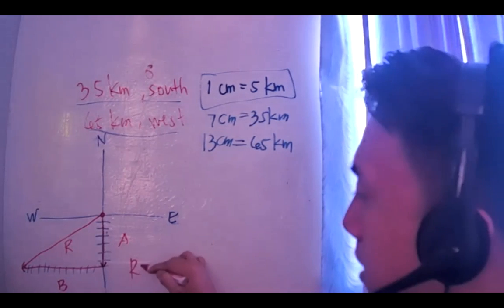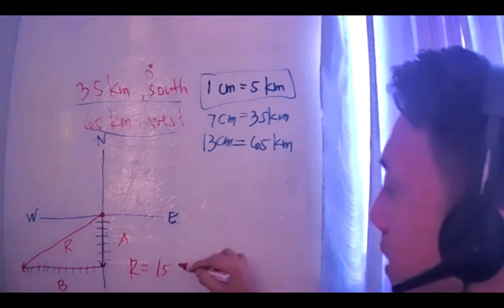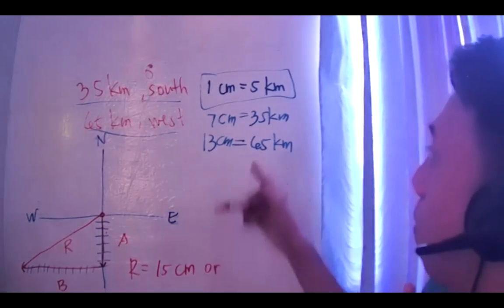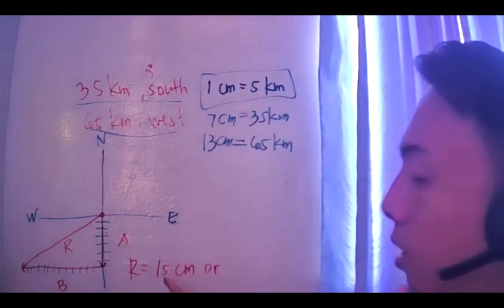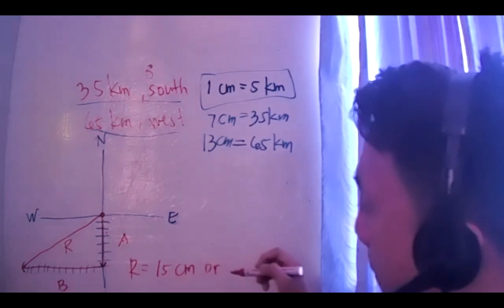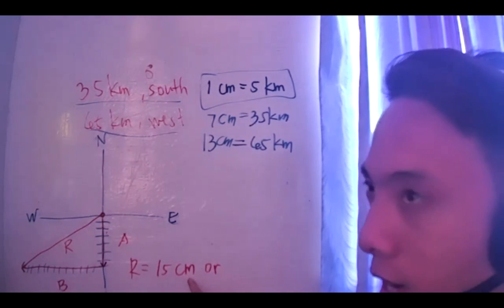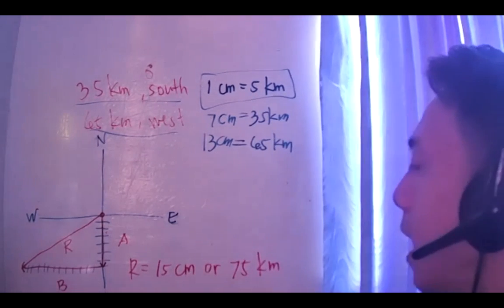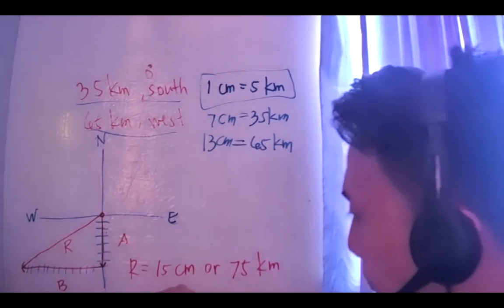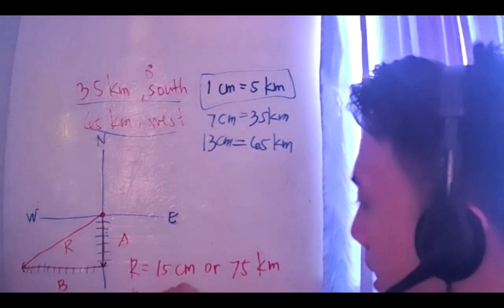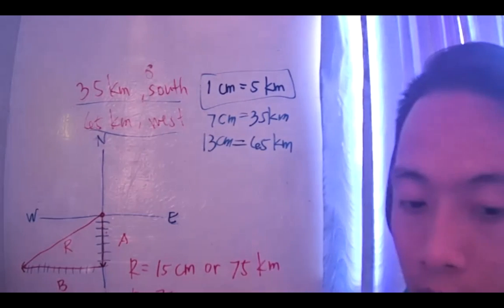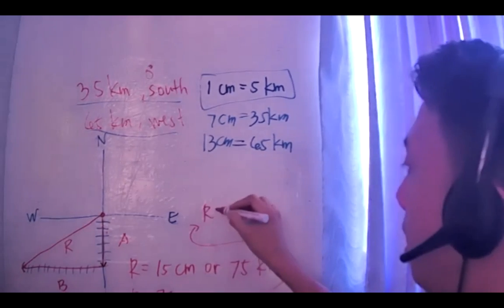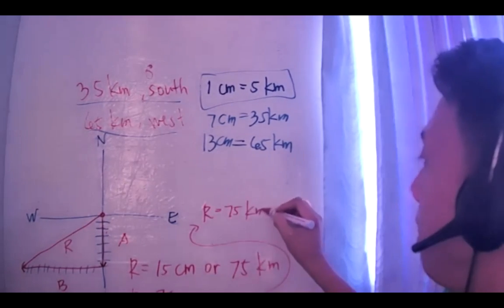So our resultant is 15 centimeters, or if we will convert that into kilometers, we will multiply by 5. So 15 centimeters times 5 will be 75 kilometers. So R equals 75 kilometers.